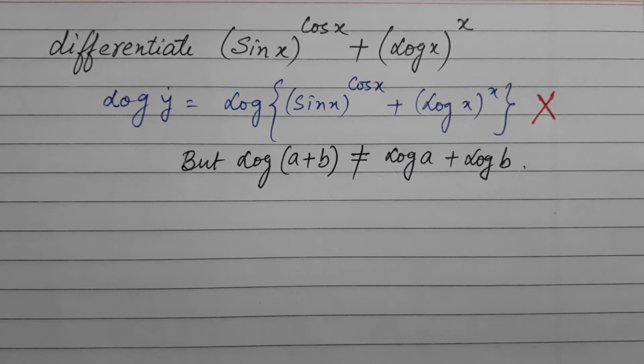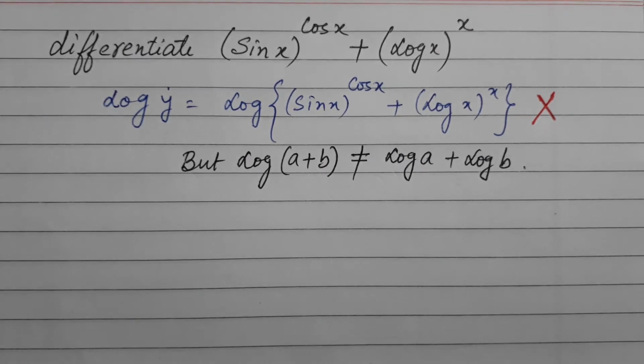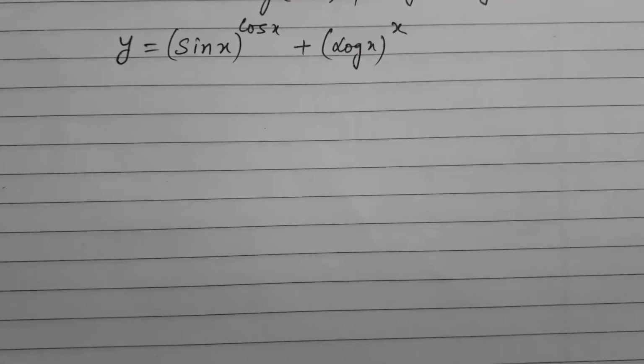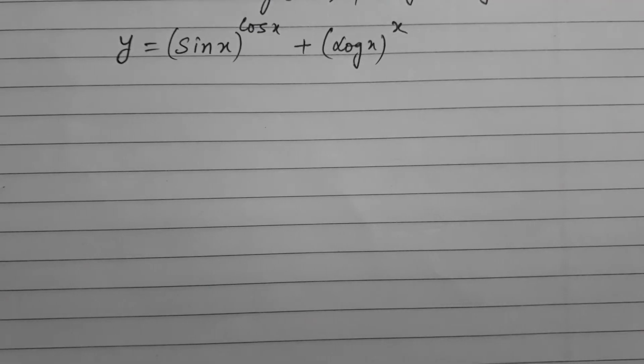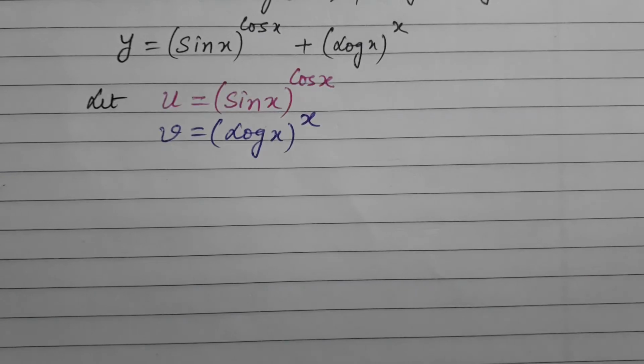Then what should we do? Here we will write y = (sin x)^(cos x) + (log x)^x. And we will assume both the terms as two different variables, like u = (sin x)^(cos x) and v = (log x)^x.